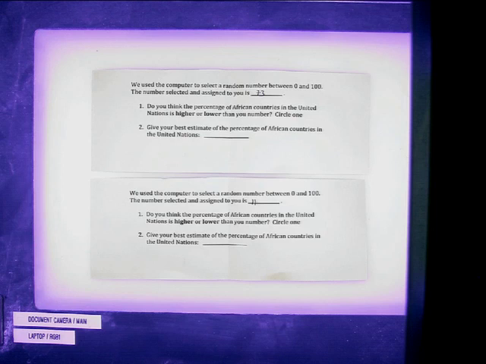I'm most interested in your answer to question 2, but question 1 leads you to question 2. Question 1 asks you to compare what you think the percentage is to this random number, and whether it's higher or lower. Then question 2 asks, what's your estimate for this percentage?